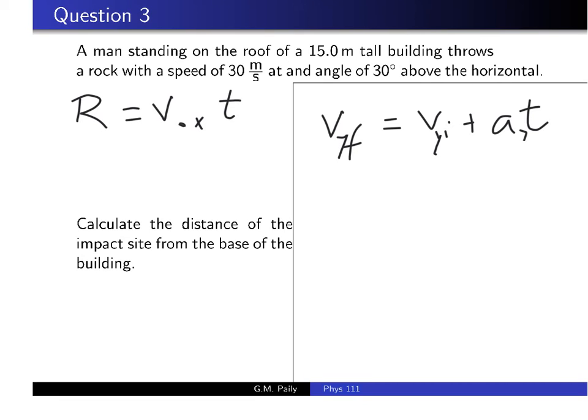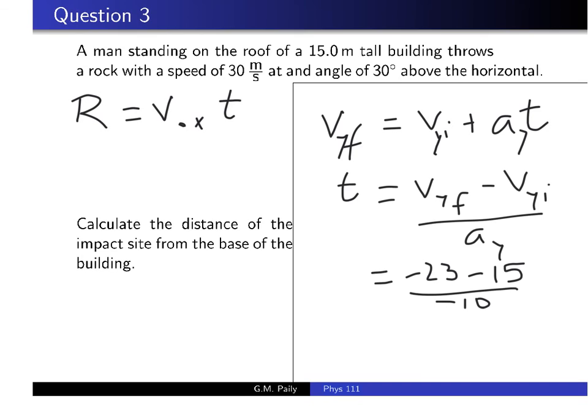I first solve for the variable that I want, which is t. Upon getting this expression, we now plug in the numbers. Simplifying, we find that the time of flight is 3.8 seconds.